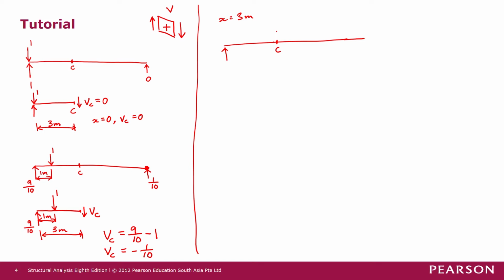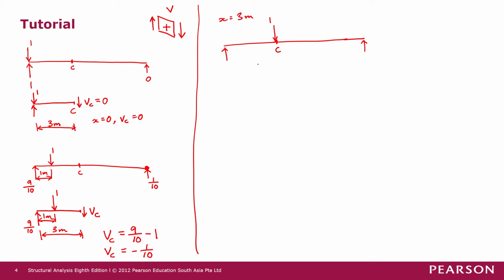One condition is that the unit load is on the left hand side of point C. The other position for the shear force at point C is when the one unit force is just to the right of point C. So there are two conditions here. First we look at the situation when the one unit force is on the left hand side of point C.